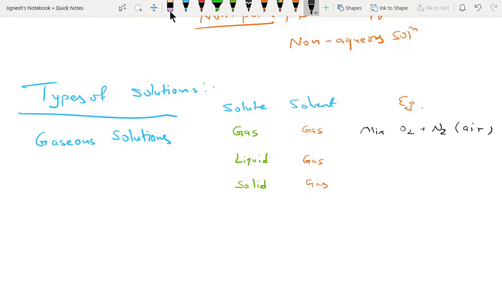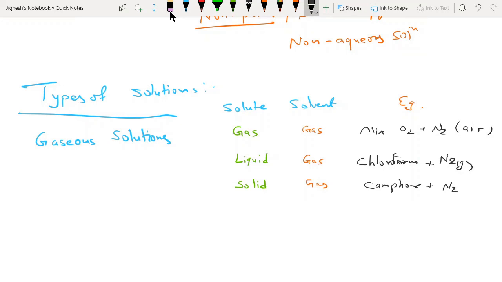Now here, chloroform mixed with nitrogen gas. This is an example of a liquid present in a gas. And then camphor in nitrogen. Camphor plus nitrogen. So these are the examples which we talk about here.